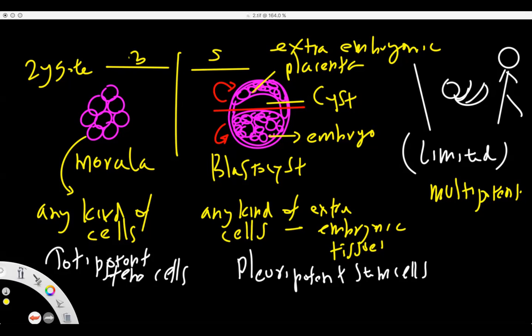So if we can find a method to differentiate stem cells into nerve cells and muscle cells, then we can treat diseases, or in a broad way we can grow organs. So if we use stem cells to make organs, then we can use them for organ transplantation.